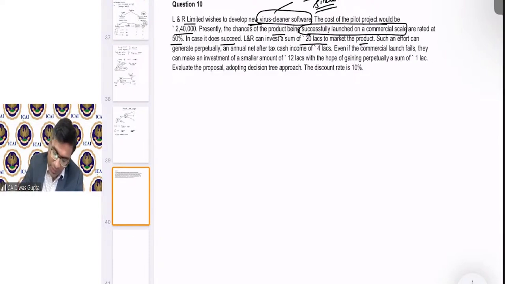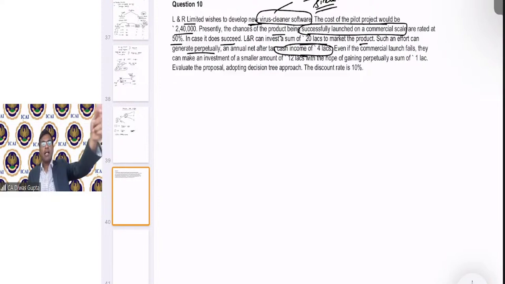Such an effort can generate perpetually an annual net after-tax cash income of 4 lakhs. So if you go ahead with the pilot and it is successful, then you will invest 20 lakhs, and after investing 20 lakhs, you will get 4 lakhs.